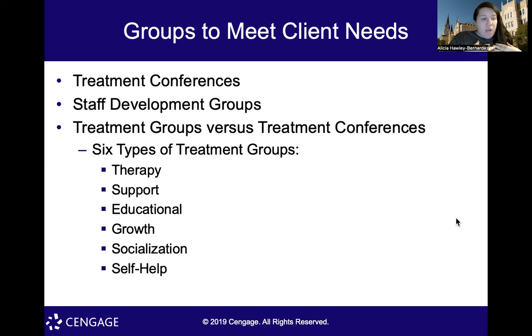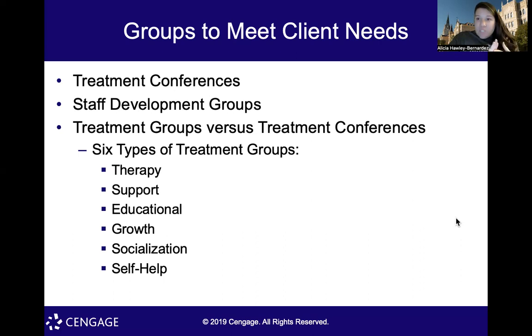For example, when I worked at the domestic violence agency, we had educational groups. We would educate individuals who came to these groups about domestic violence and the red flags, the cycle of violence, the power and control wheel, things like that.